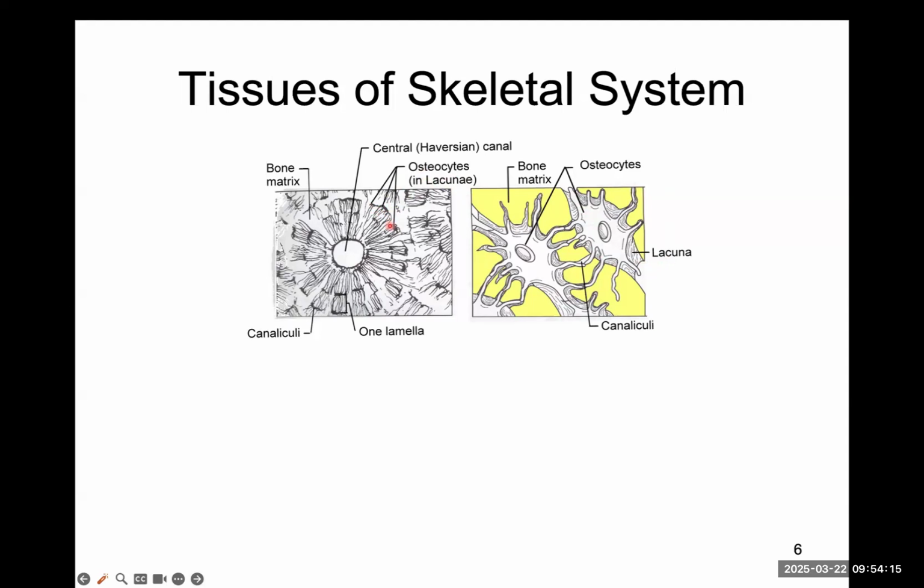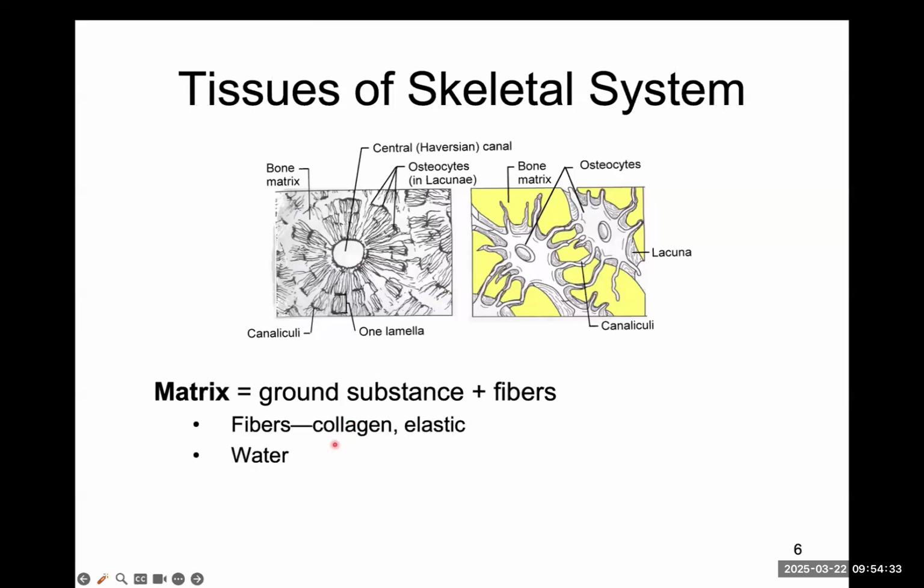It's going to be this thing called the matrix. That's the ground substance, and it's comprised of ground substance and fibers. And that gives it some extra support. So fibers are going to be collagen, and we heard about elastic fibers. So your bones do bend a little bit, and it's going to be wet. That means there is some water in it.